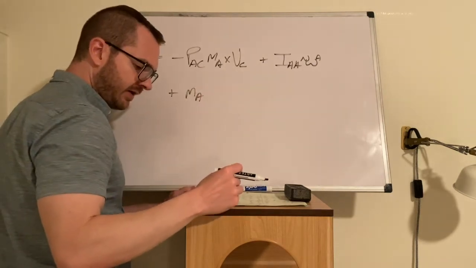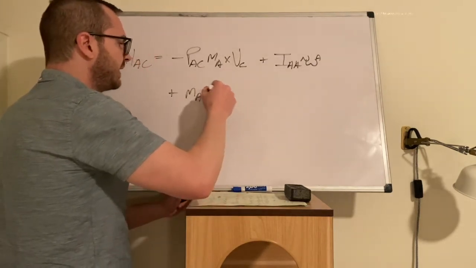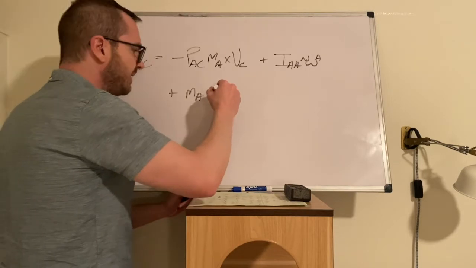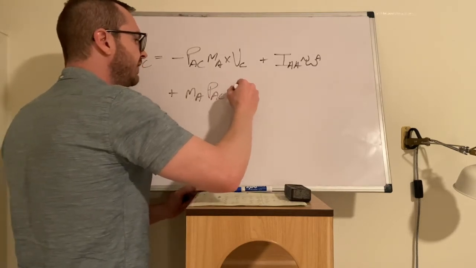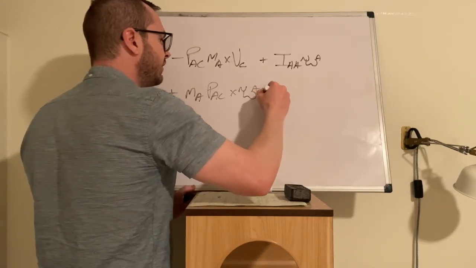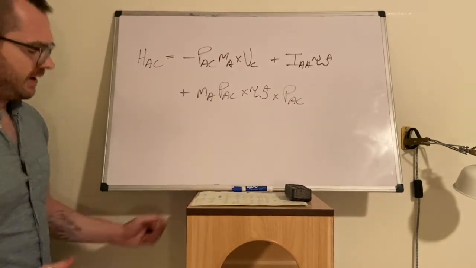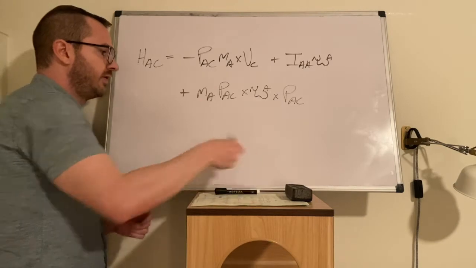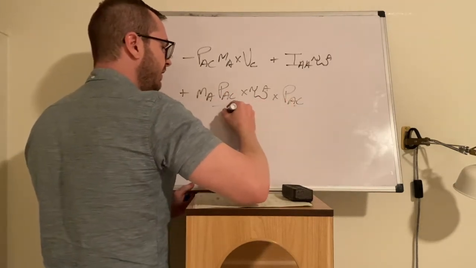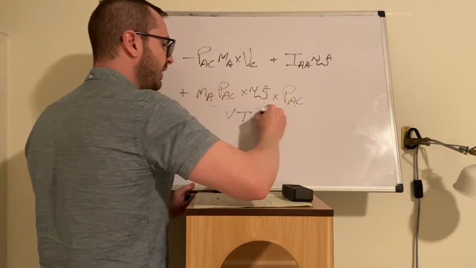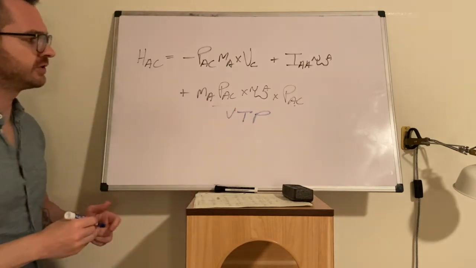And what I did is that infinite summation that was hanging out at the end, that's just MA, so this is MA PAC cross omega NA cross PAC. Now, this one is again a vector, I'm just going to write VTP. This is a vector triple product.